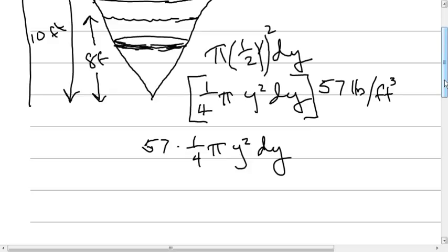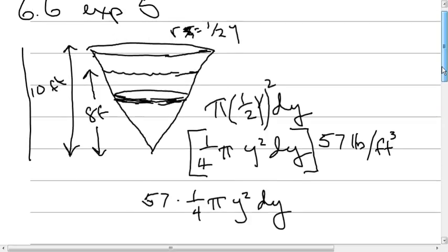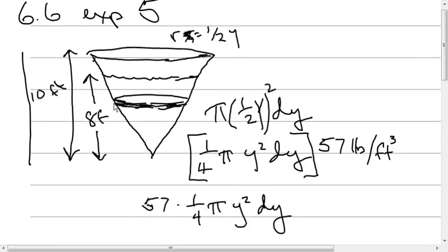But now, how far do we have to actually pump this oil out, given that we're sitting right here? Well, we have to pump it up and over the lip here, up to the 10-foot level. But we don't have to pump this oil all the way from the bottom, so not the full 10 feet. It's from wherever we are, and we're sitting at y, and so we want just this distance, and that's going to be 10 minus y.